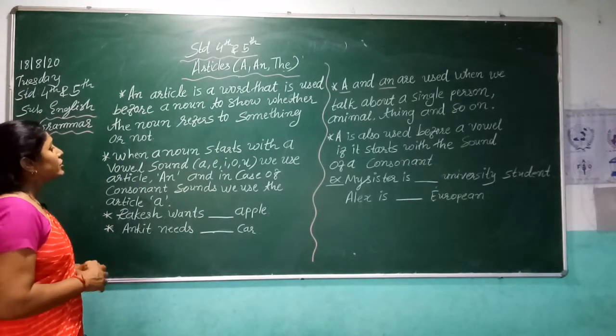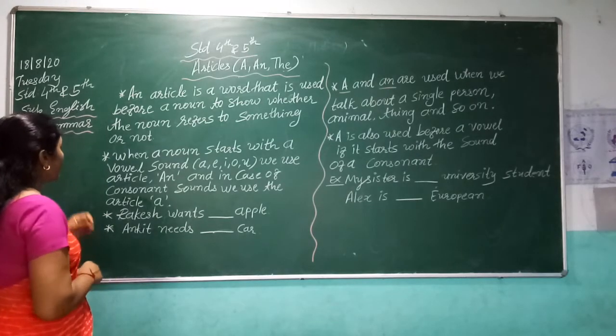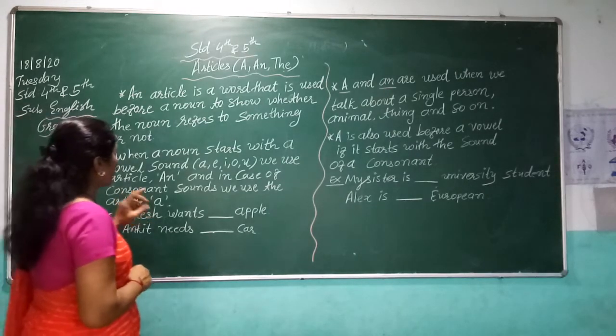When a noun starts with a vowel sound: a, e, i, o, u.